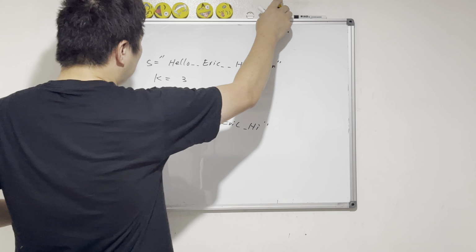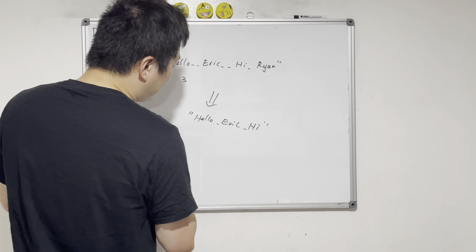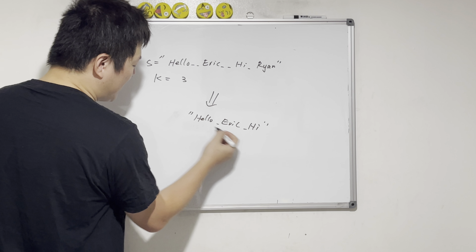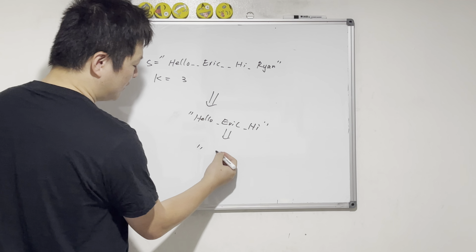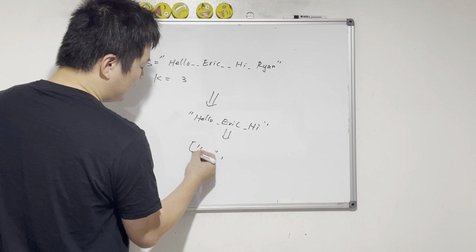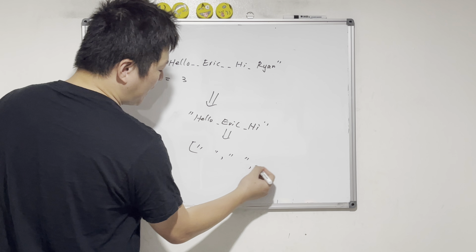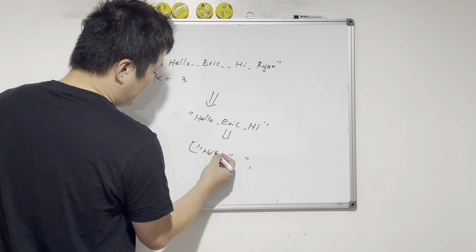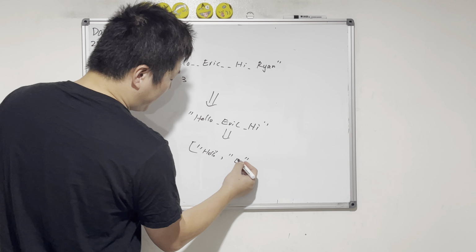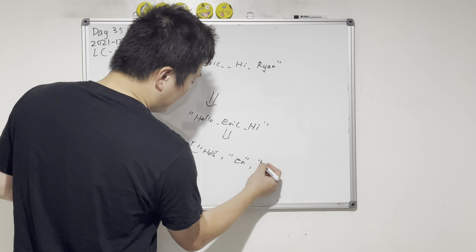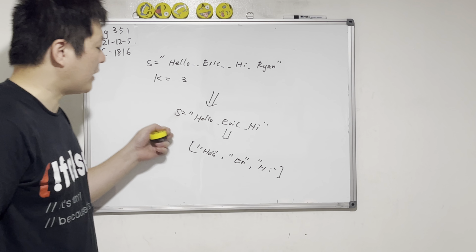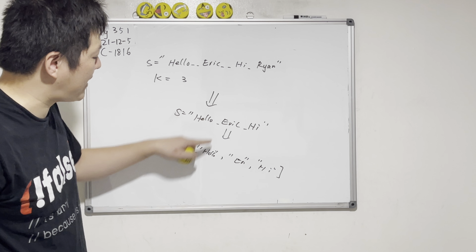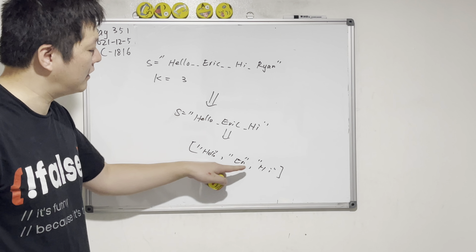So in order to do this, remember how do we convert a string into an array of strings? Split. If we split the sentence by the space, we get an array of strings.